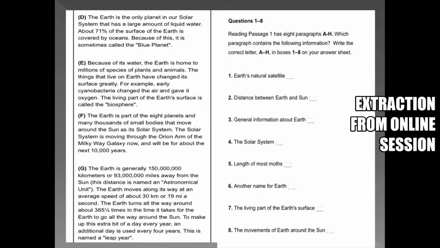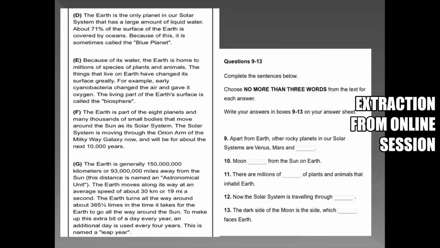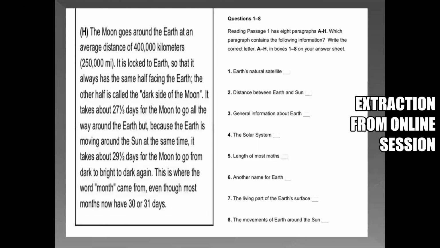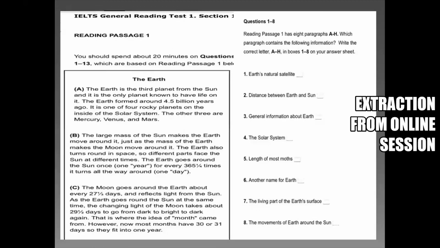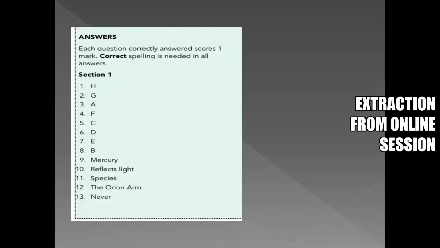So it's the living part, last line, which is biosphere. Okay. And 8 is B. The movement of earth around the sun. The last is true or false. The mass of the sun makes the earth move around it. Yes, it's true. So we have done all correct with the first section.